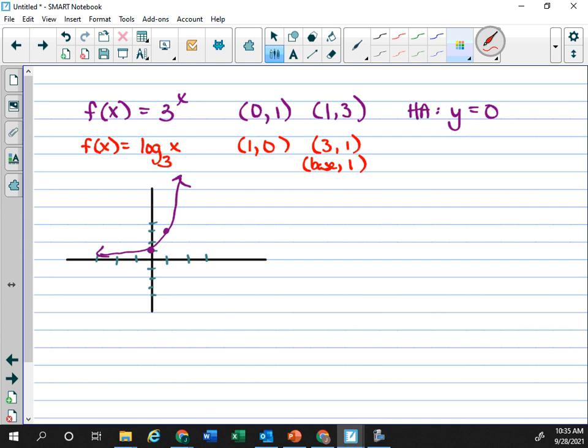So I'll plot those, (1, 0) and (3, 1). So instead of a horizontal asymptote of y equals 0, you now have a vertical asymptote of x equals 0. Get that sketched in there. So there's my graph.